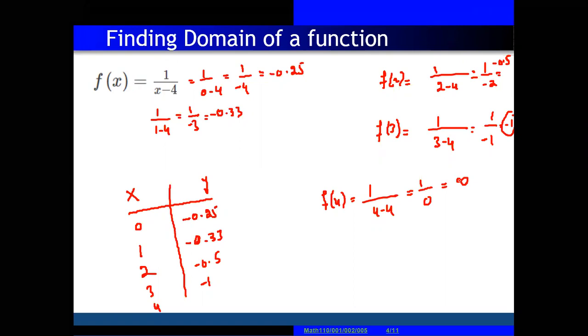So we can give all values like 1, 2, 3, then 5, 6, 7, 8, but we cannot give 4 to this function, because if we give 4, the output is an undefined quantity.